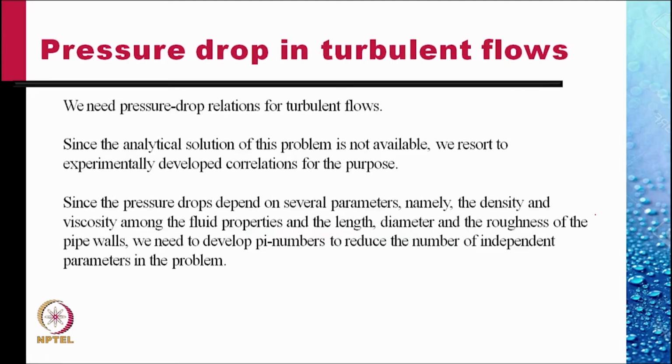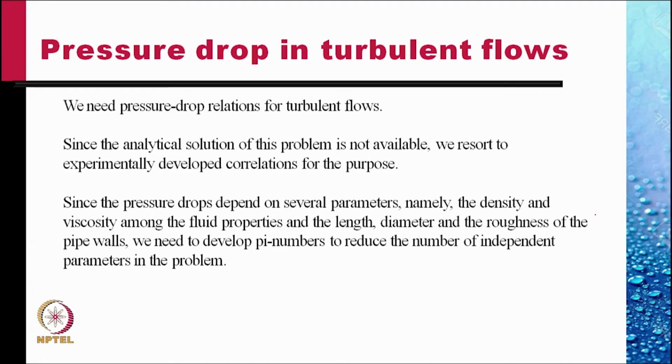This is for laminar flows, but laminar flows are few. So we need pressure drop relations for turbulent flows. Since the analytical solution for this problem is not available, we resort to experimentally developed correlations for the purpose.